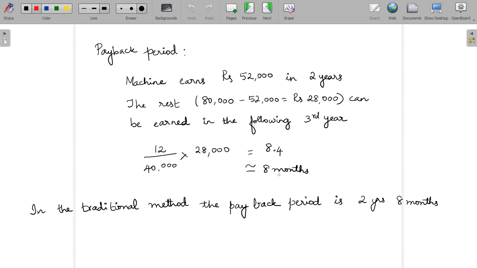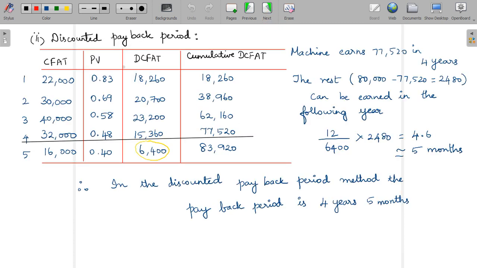We are going to see how the discount factor will affect the payback period in the discounted payback period method. So here we are going to take the cash flow after tax and multiply it with the PV factor at 20%.